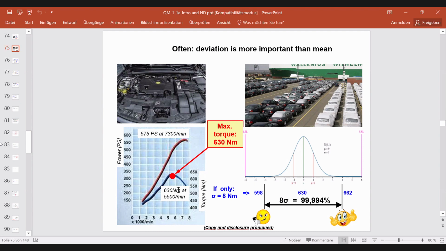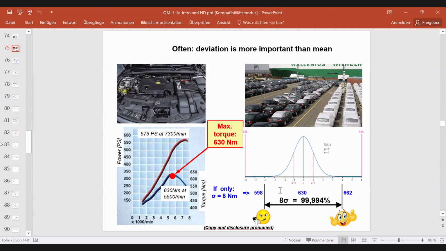This is the power curve, and here you see the maximum power is reached at a little bit more than 7,000 rounds per minute. But let's have a look at the torque curve.